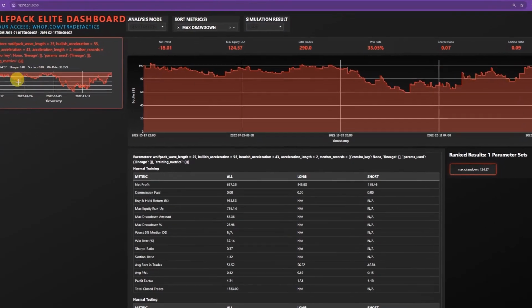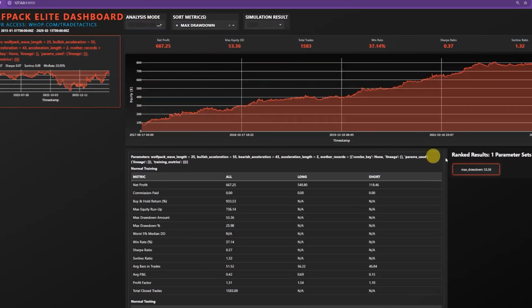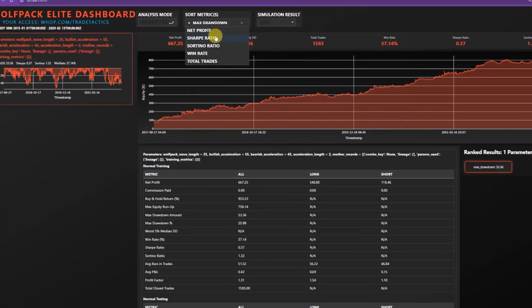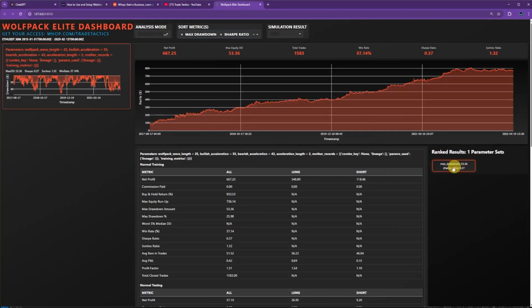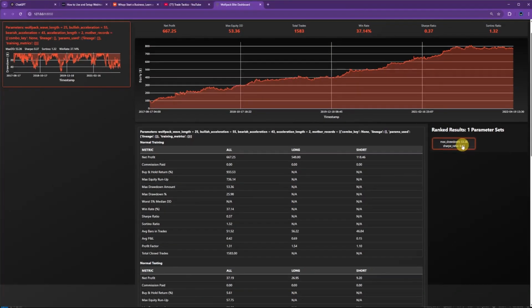The drawdown is on the left-hand side here, and I can pan through the different kinds of backtests and highlight different kinds of metrics. So we have max drawdown if we want to select for the Sharpe ratio. There can be multiple here. There can be infinite different parameter sets, but just for an example, I have one just to showcase this.